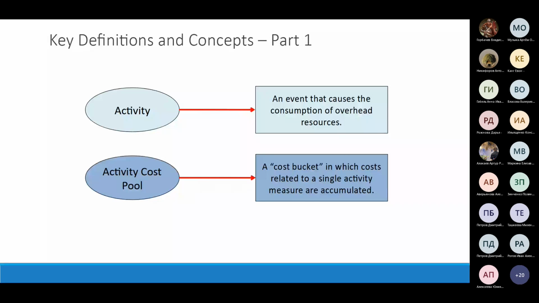We may use the wages of the person who is supervising the chamber. We may use here the transportation cost that we use to move our ice cream from the production area to this freezing area, and so on and so forth. So an activity cost pool collects all costs related to the specified activity.